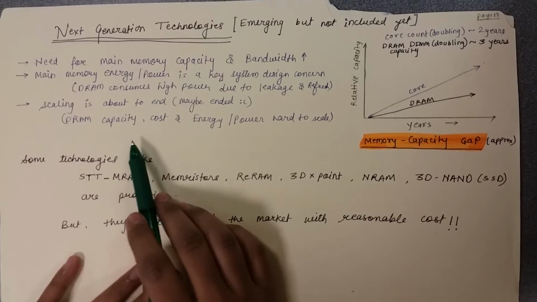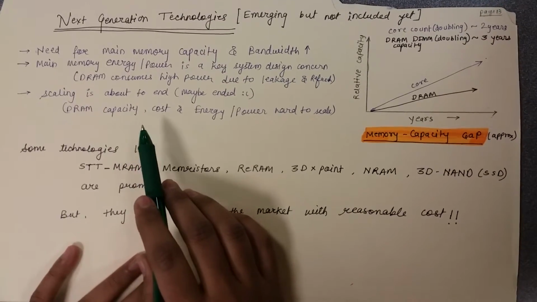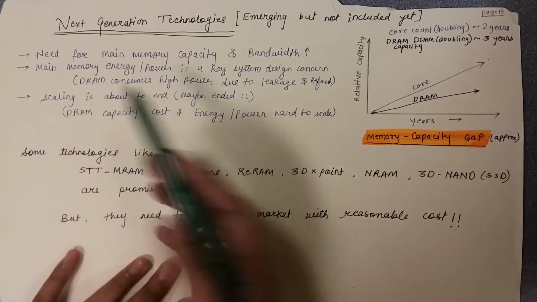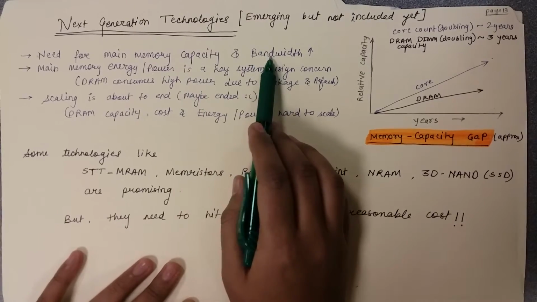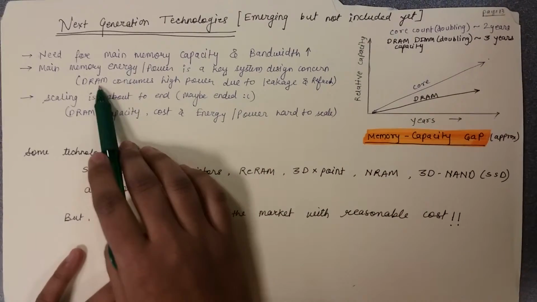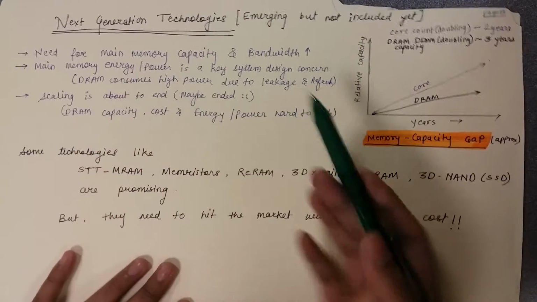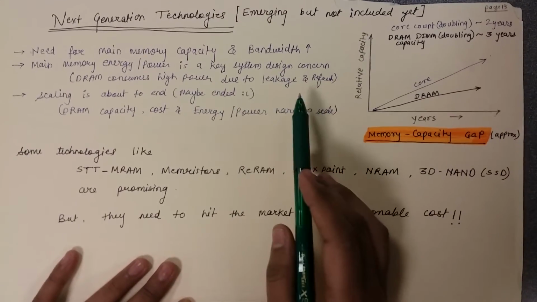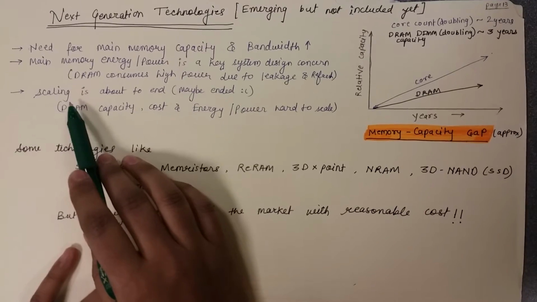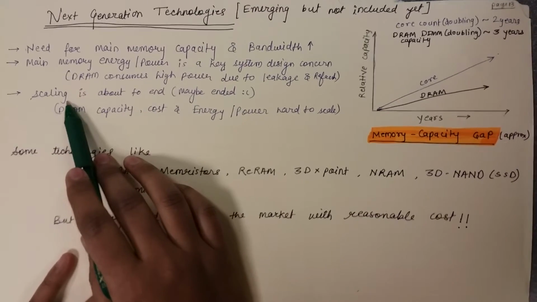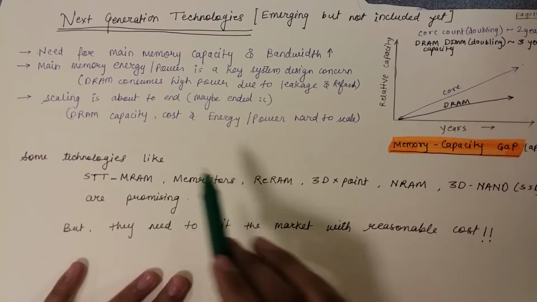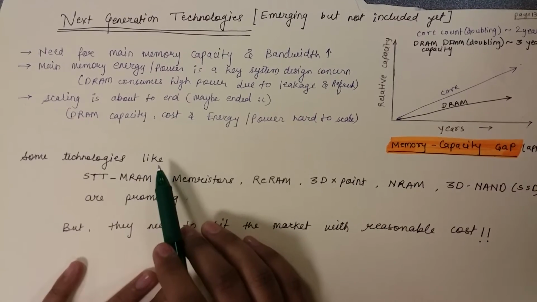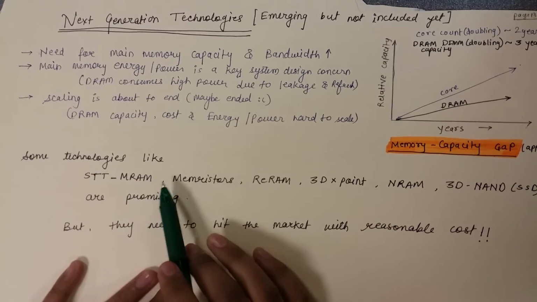DRAM is almost meeting its limits because the need for capacity and bandwidth is always greater, and main memory energy or power is a key system design concern which is not being met, and it has already reached its scaling limits. So DRAM is now no longer a good option to be used as a main memory.